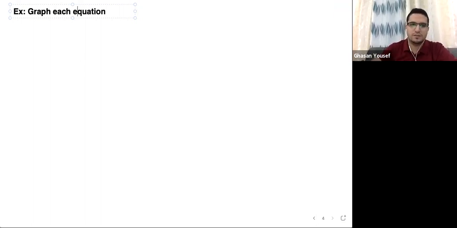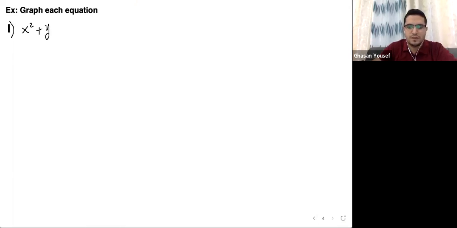Okay, so the first one, number one, is x squared plus y squared equals 25. Who can do this one? Before you do it, please tell me what's the center and what's the radius for this one?